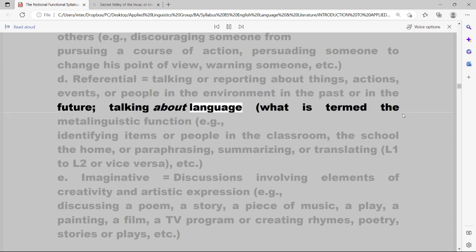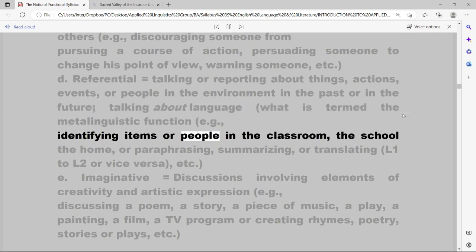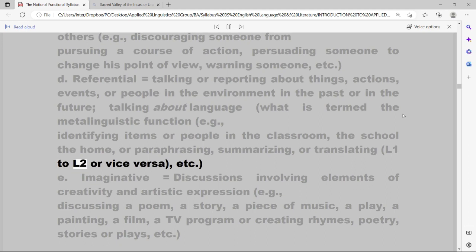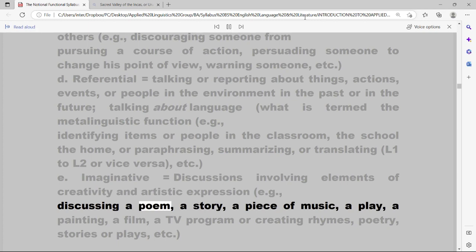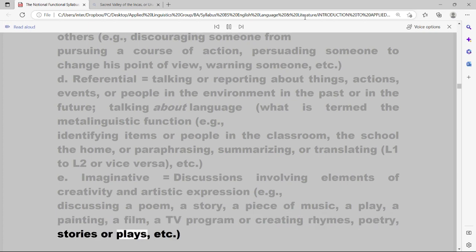Talking about language, what is termed the metalinguistic function, example identifying items or people in the classroom, the school, the home, or paraphrasing, summarizing, or translating, L1 to L2 or vice versa, etc. E. Imaginative equals discussions involving elements of creativity and artistic expression, example, discussing a poem, a story, a piece of music, a play, a painting, a film, a TV program, or creating rhymes, poetry, stories or plays, etc.